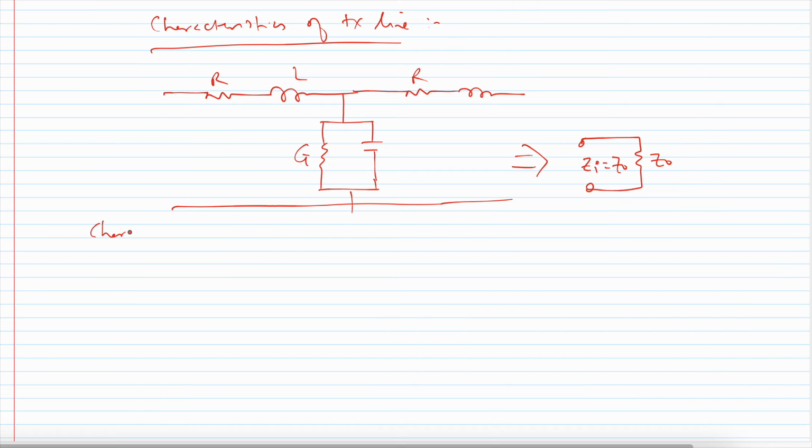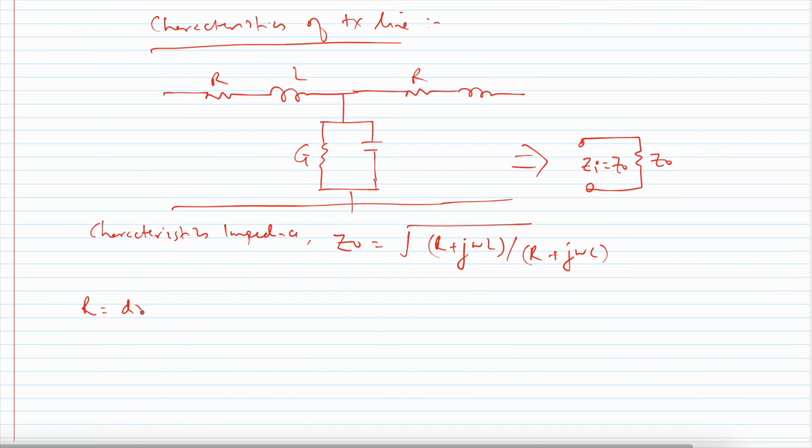Characteristic impedance equal to Z0 equal to root under (R plus j omega L) divided by (G plus j omega C), where R is distributed on the line.